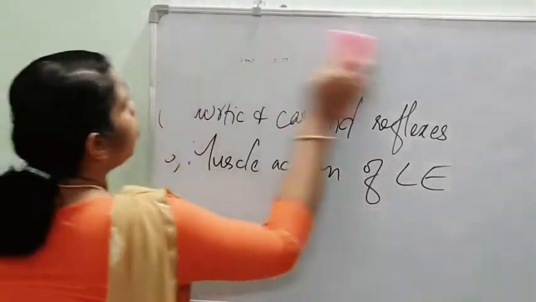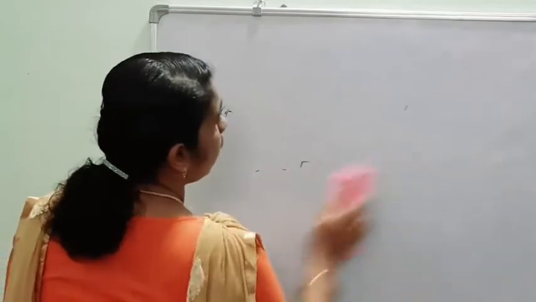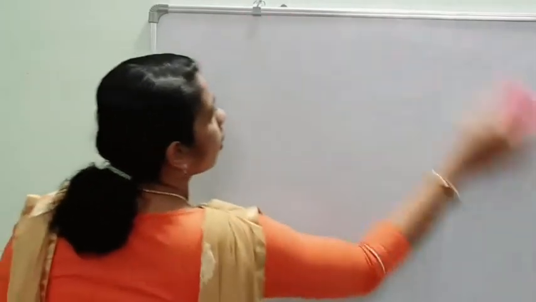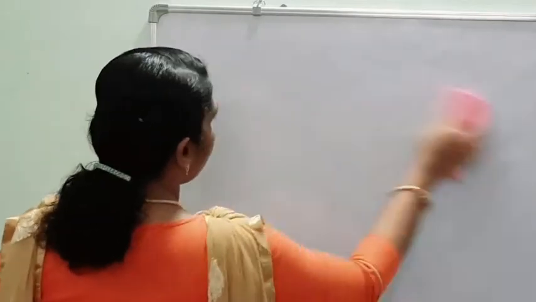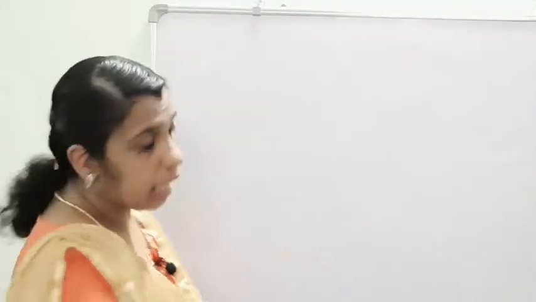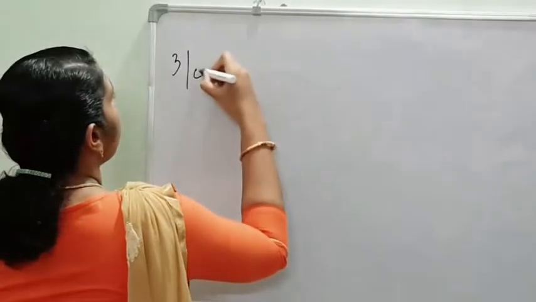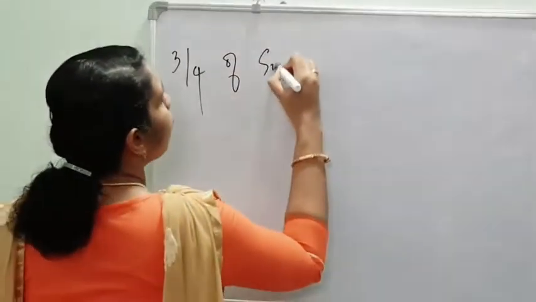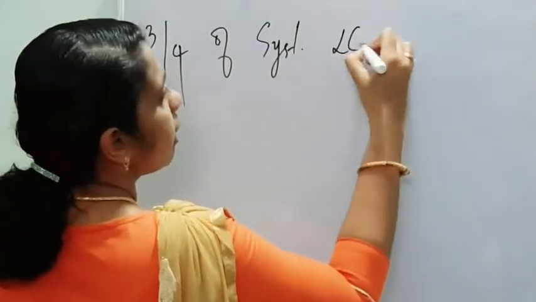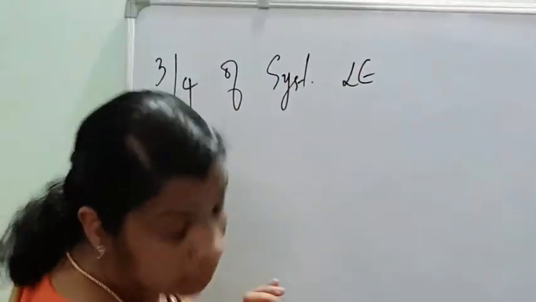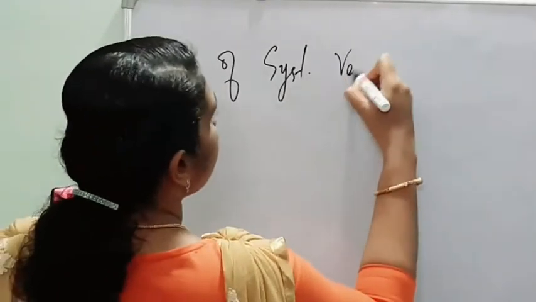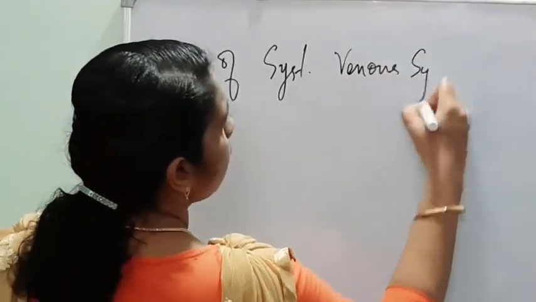So usually 3/4 of the systemic circulation is in the venous system. Okay.